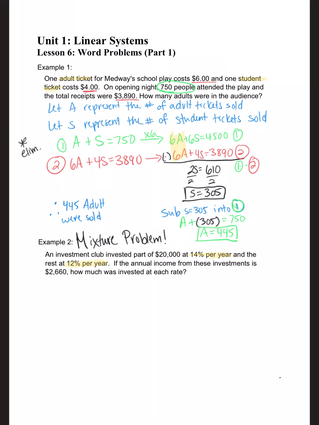So those are going to be our two investment variables. So we'll just let them be A and B. So let's let A represent the 14% investment.